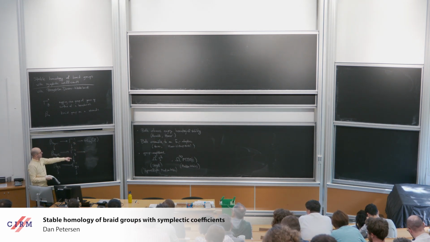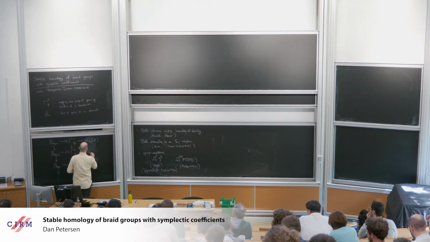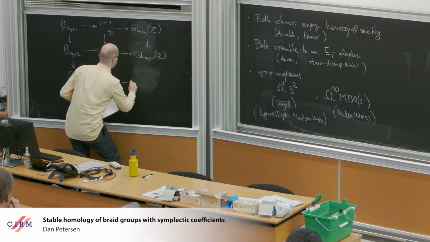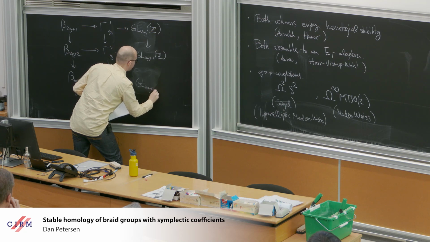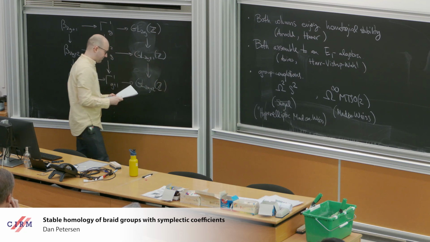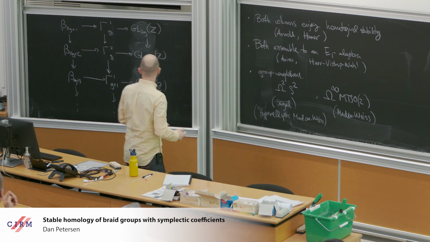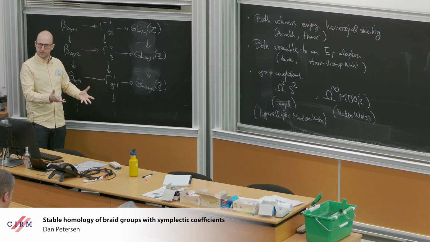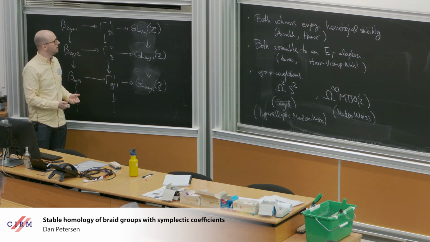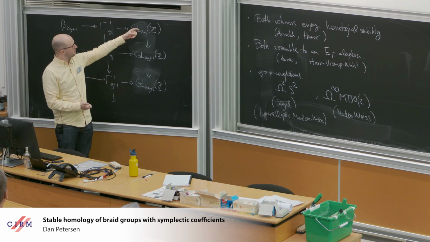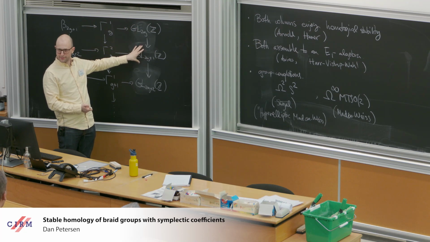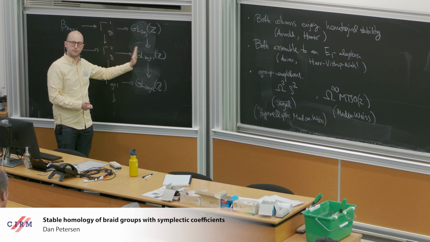And I can do the same here, and the homology of this surface has rank 2g plus 1 over Z. These horizontal arrows are not surjective, not at all, because there's a symplectic form on homology which is preserved. If I replace this with a symplectic group, Sp_2g(Z), and I replace this with something funny called the odd symplectic group that was introduced by Gelfand and Zelevinsky, then actually these arrows are surjective.